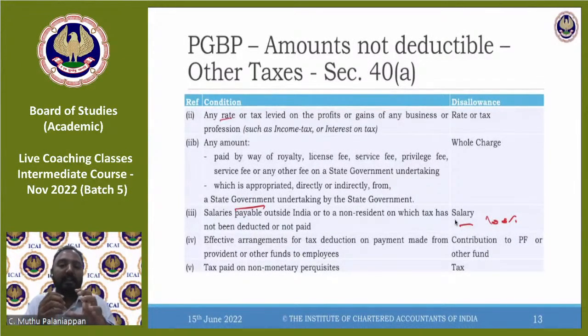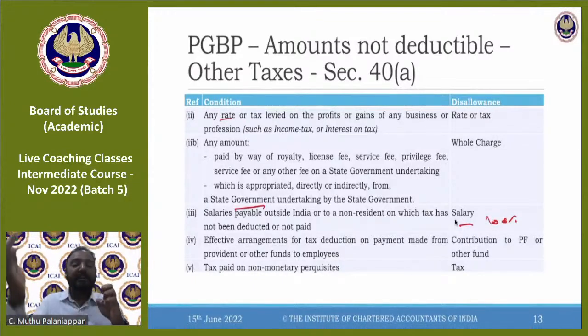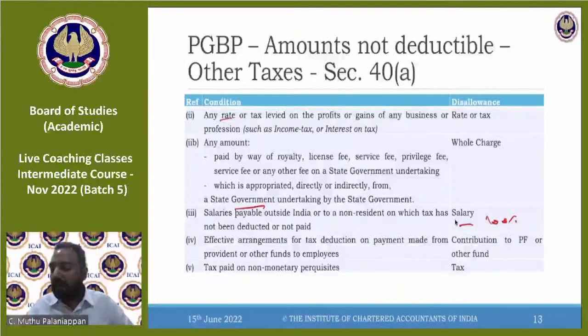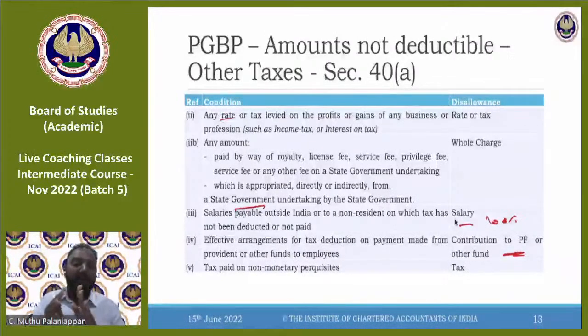Whenever I'm making a contribution to PF, it is part of my salary only. So on salary, TDS must be deducted. Please don't confuse this. Please remember, you should have deducted tax on salary. If you have deducted tax on salary, it is okay. If you have not deducted, it is completely disallowed.